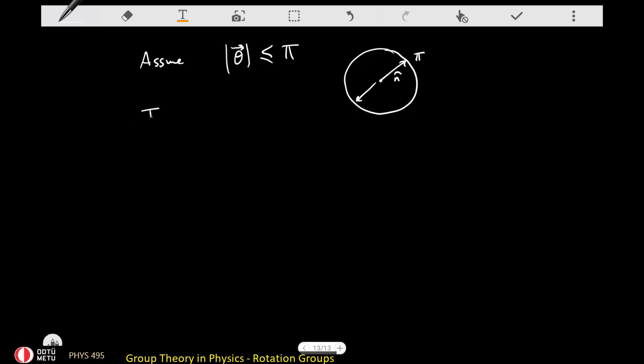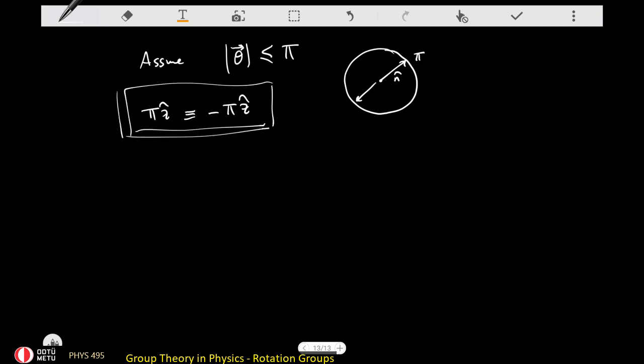So as a result, let's say pi times z is equivalent to minus pi times z. In that case, I cannot make a choice between these two. In any case, the notation does not give us a unique rotation vector because somehow the rotation angles can be described in many different ways. So as a result, the rotation angle vectors can also be described like that.